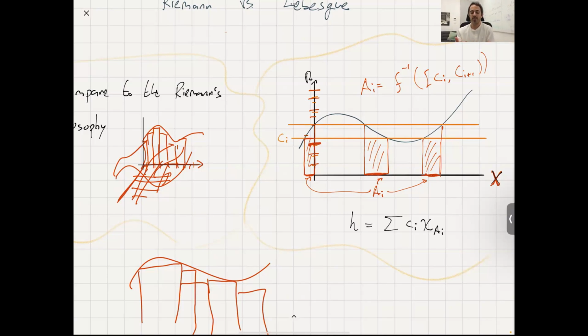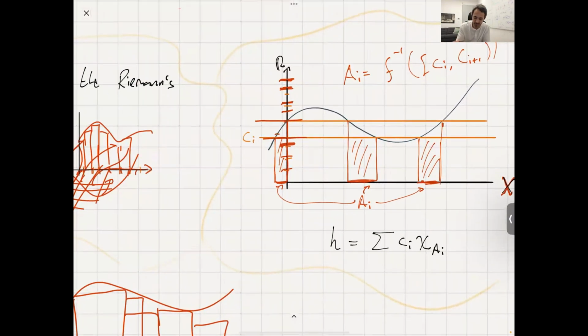But you can get those functions in a natural way by considering partitions of the y-axis. For example, in this partition, you can look at this part between these two, and you can consider this h function that goes below the graph.